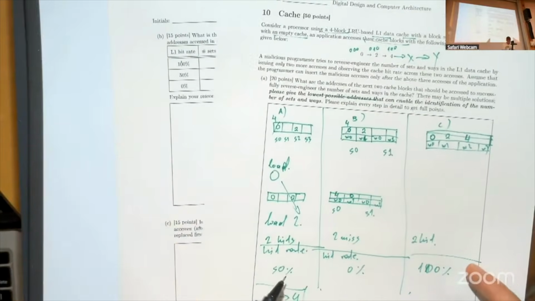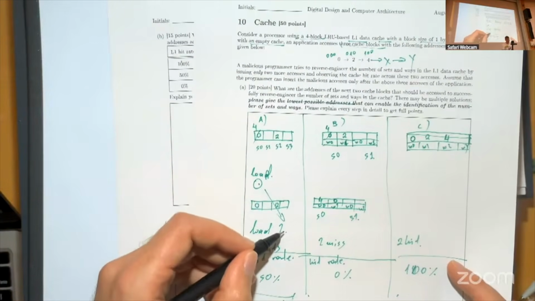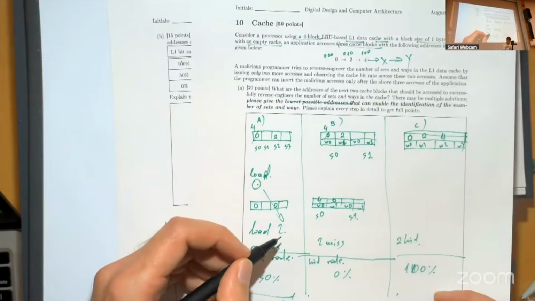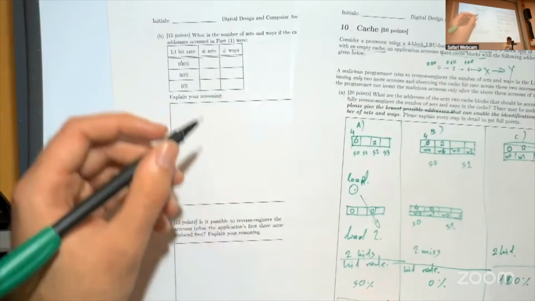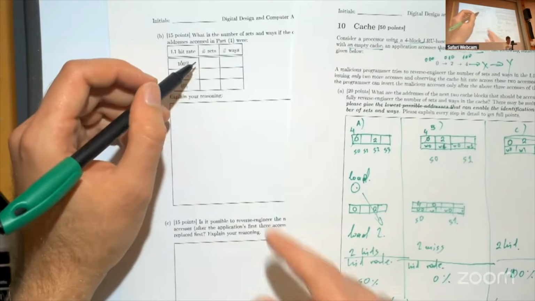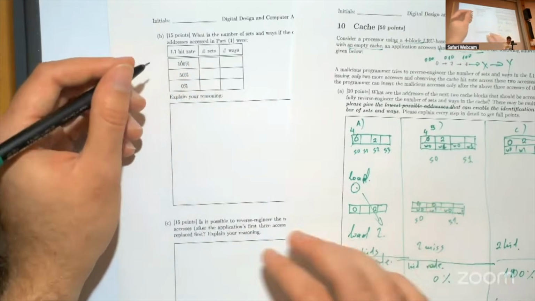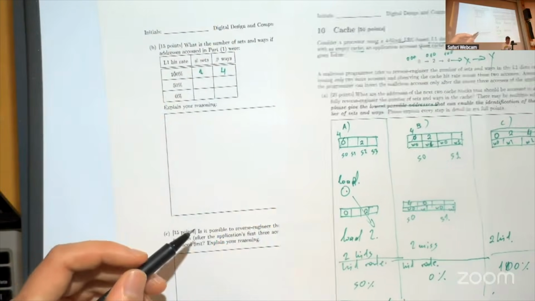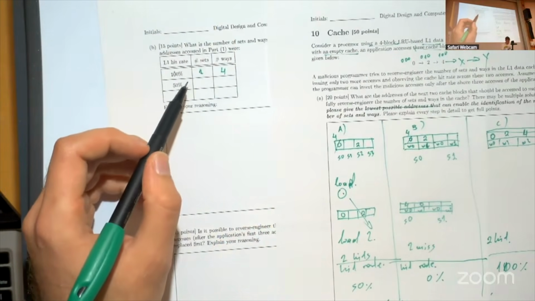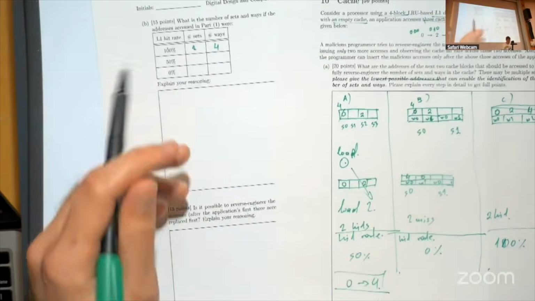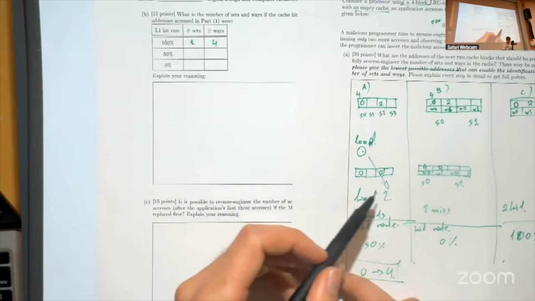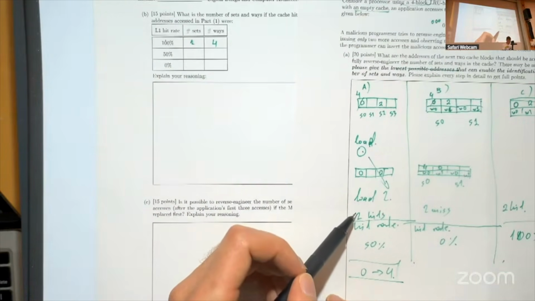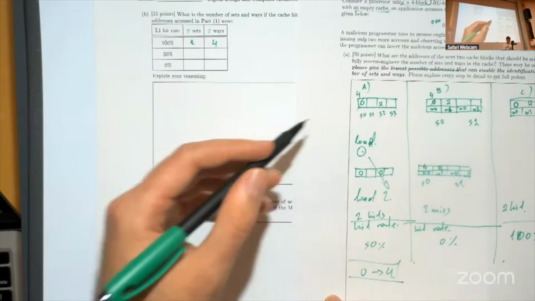So let's say that we selected the 0 and 2 access pattern. If we have a 100% hit rate, that means that we have the fully associative cache, and that means that we have one set with 4 ways. If we have a 50% hit rate, that means from the previous answer that we had the direct map cache.